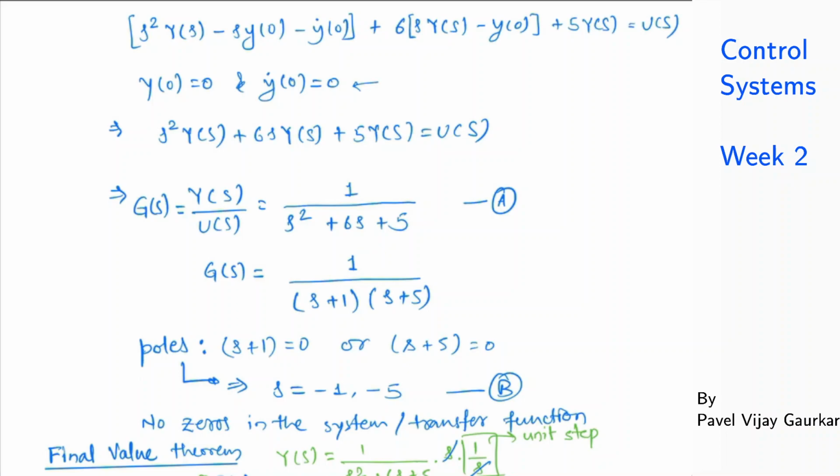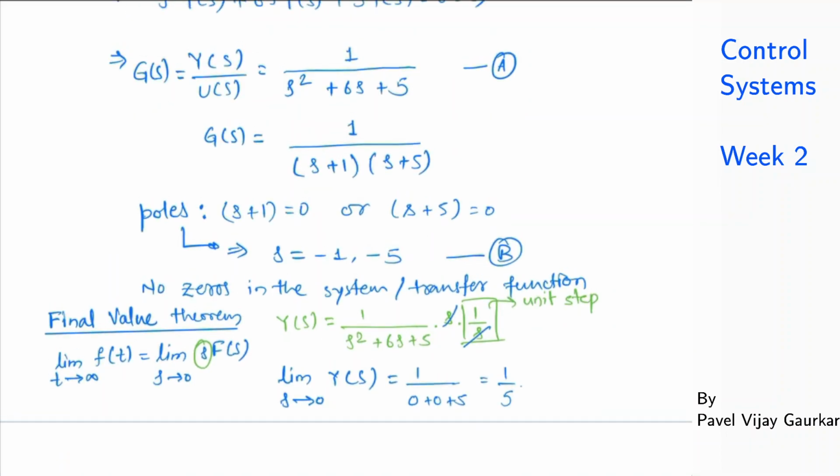Here, since there is a constant in the numerator, there are no zeros in the system. To solve for the steady state value, we are using the final value theorem, where a limit in time can be converted into a limit in the s domain. So when s tends to 0, when we utilize this final value theorem for the unit step response, we get the final value as 1 over 5.